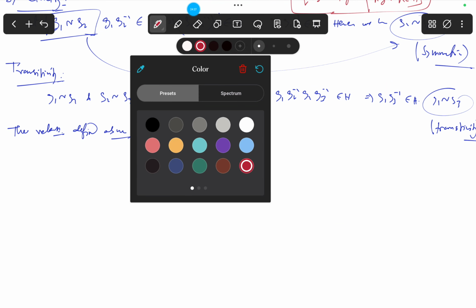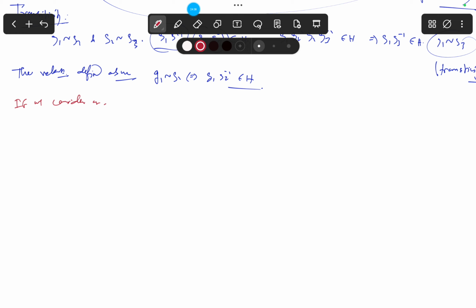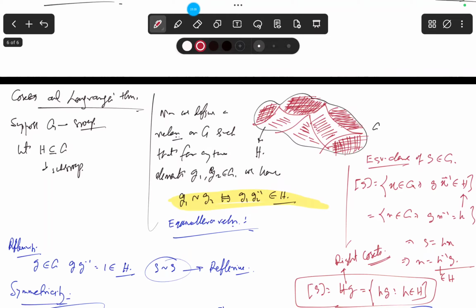And similarly, for another kind of binary operation, suppose we consider an equivalence relation, say tilde, on G cross G such that for any g1, g2 belonging to G, g1 is related to g2 if g1 inverse g2 is in capital H. So we have just changed the position of the inverse.